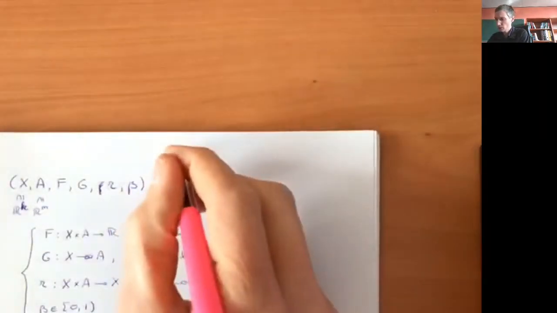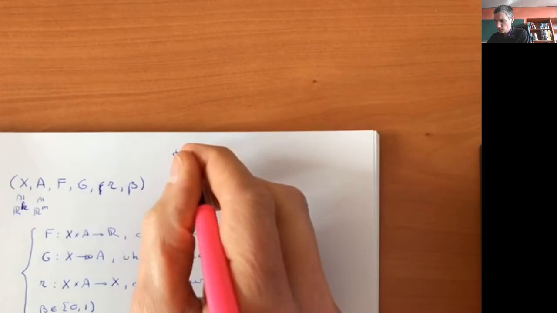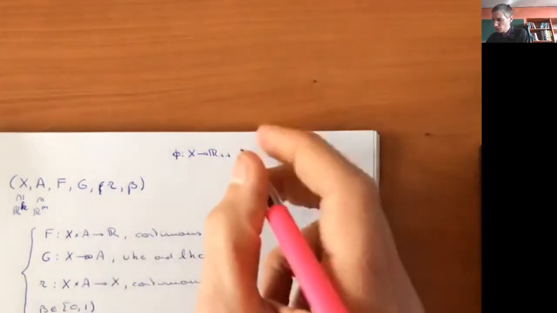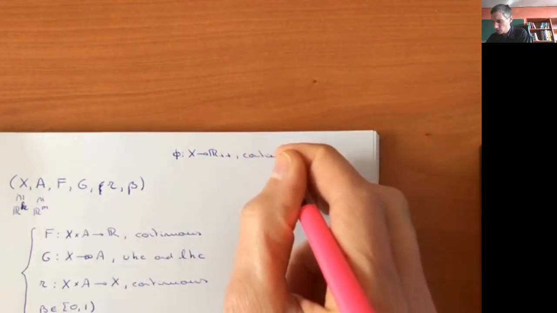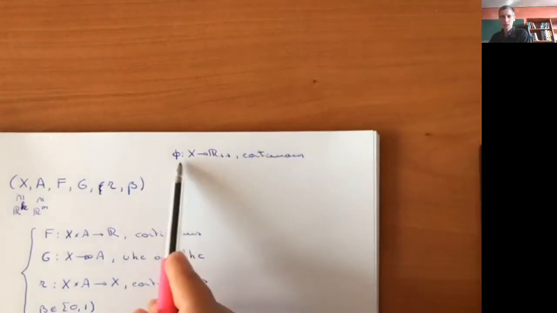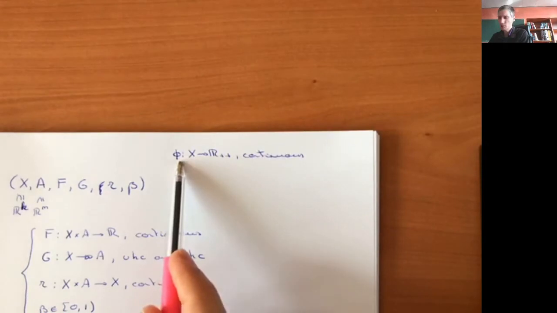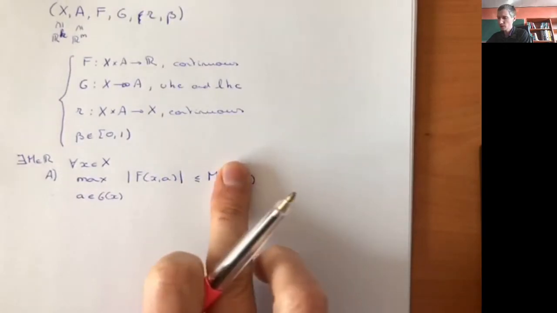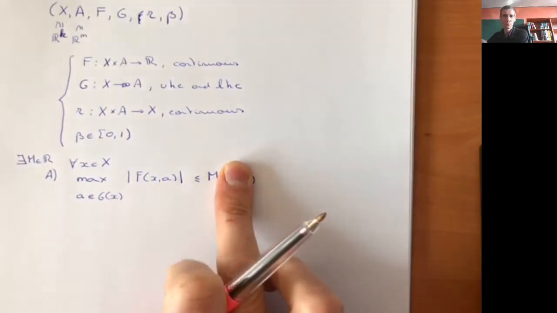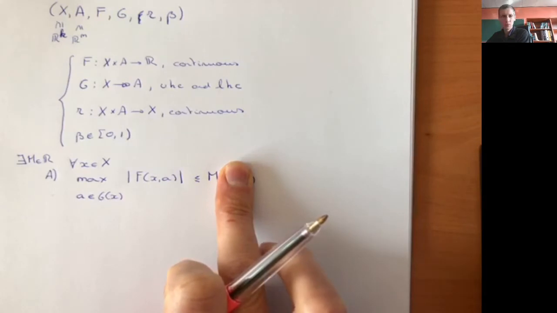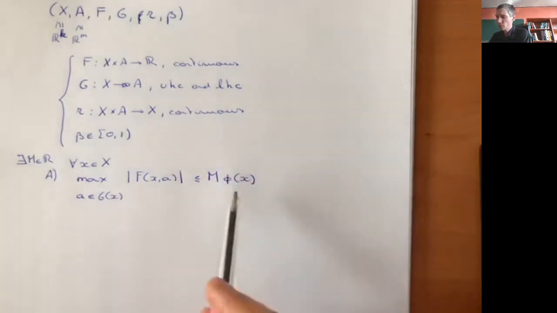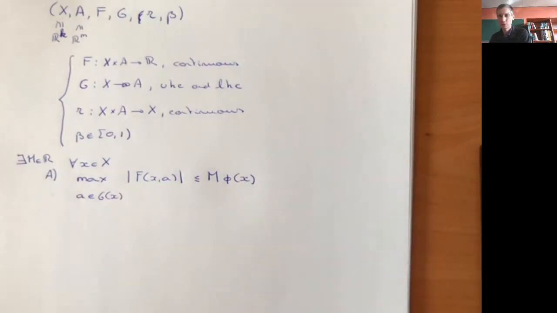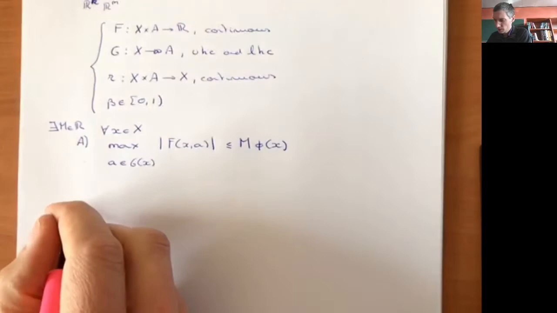Okay, so remember phi of x was a function from a state to strictly positive numbers, R++, and it was continuous. So if this is just the constant function, for example 1, then this basically says that this function here has to be bounded. Okay, but we're not requiring it to be bounded, we're just requiring it to grow not faster than this function phi.